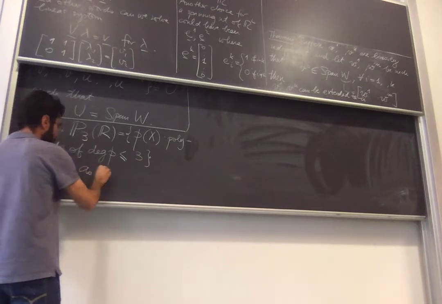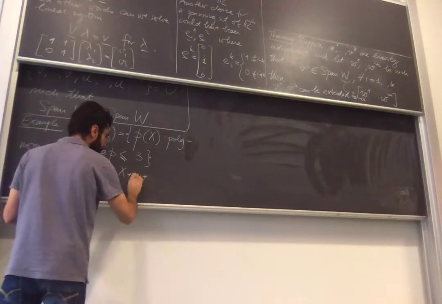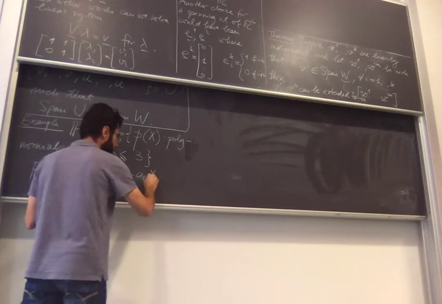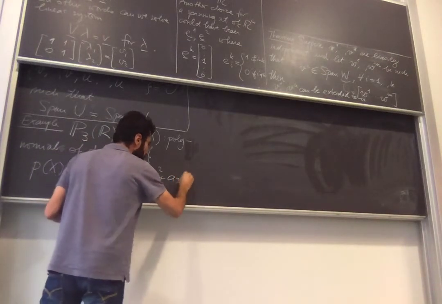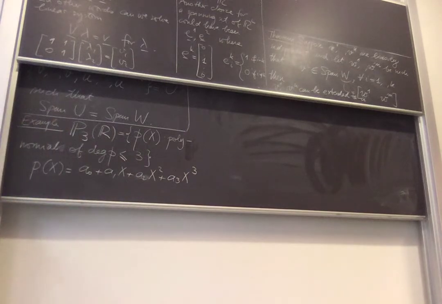It's a0 plus a1x plus a2x squared plus a3x cubed. I'm going to write it completely. So how do you sum two polynomials?